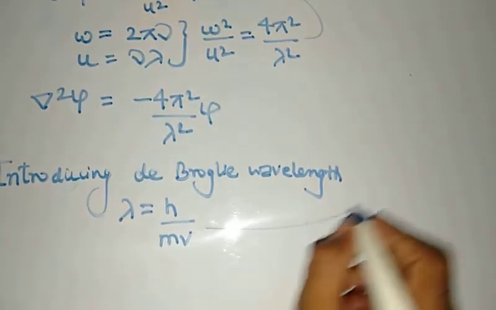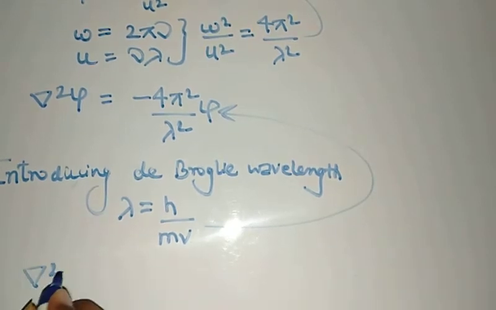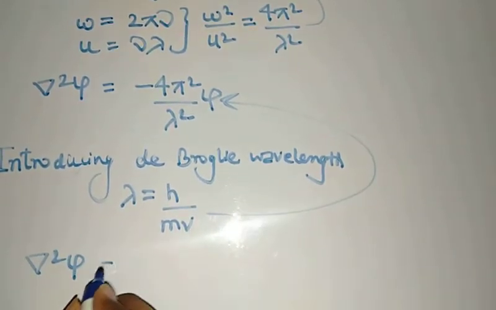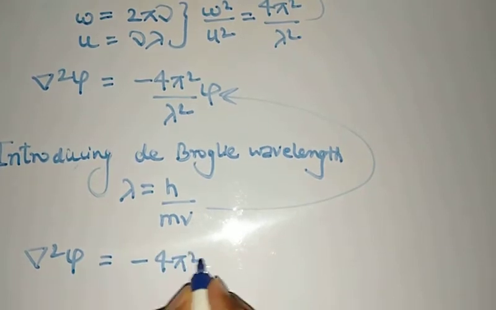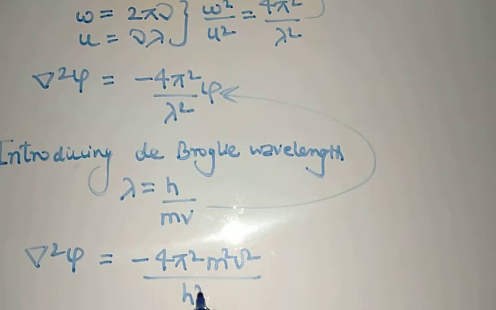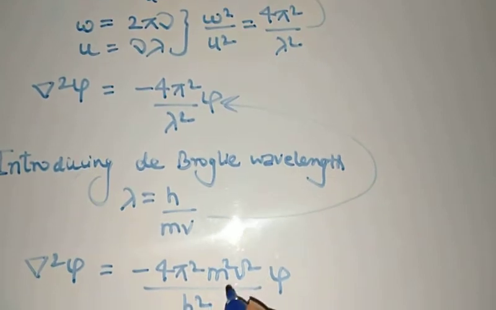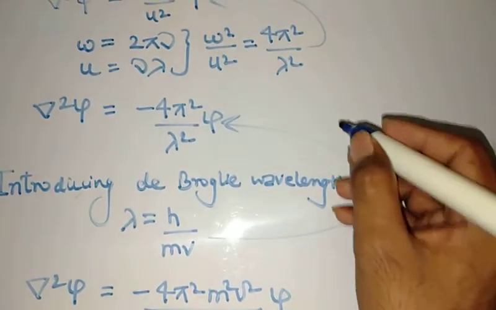Now put this value again in this equation. So what we find, del square psi is equal to minus 4 pi square m square v square upon h square psi. Now we will use this equation further.